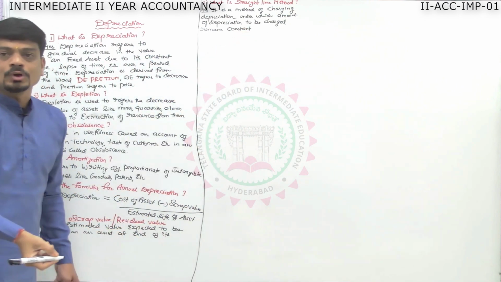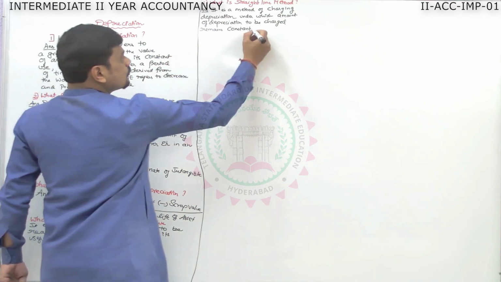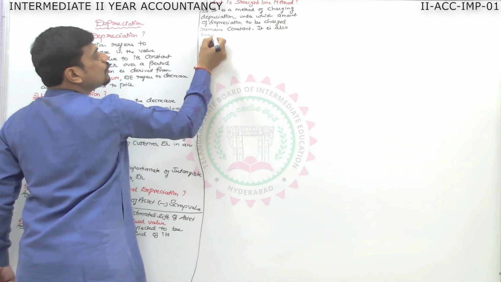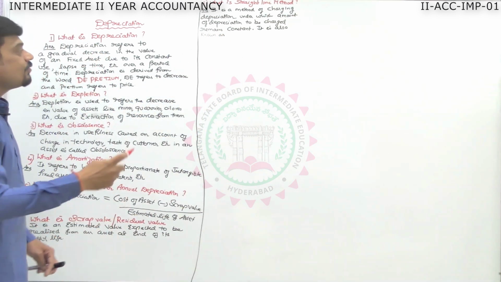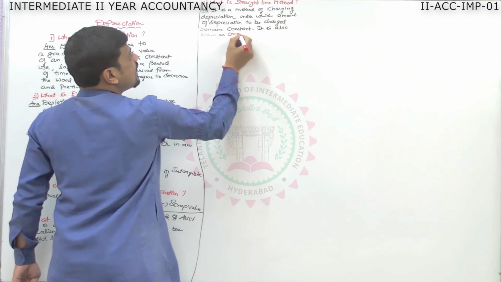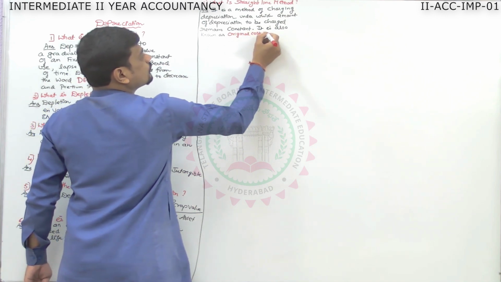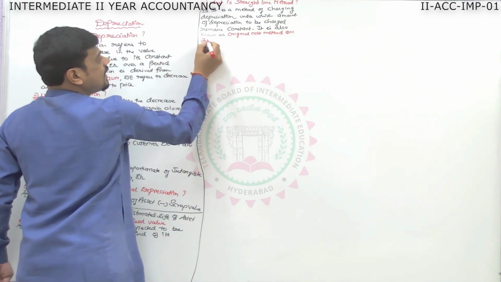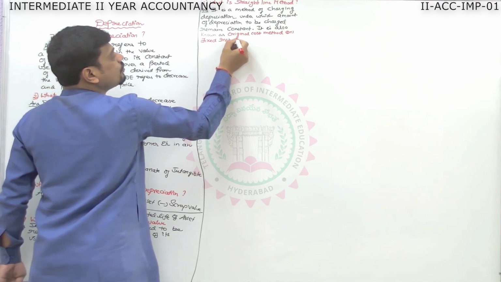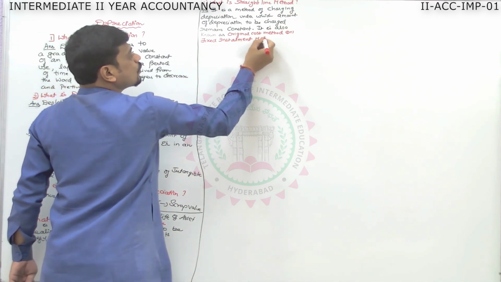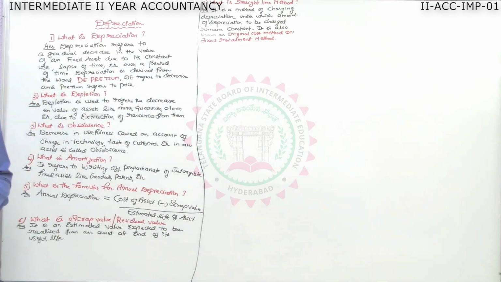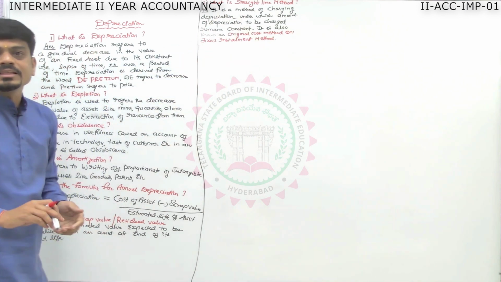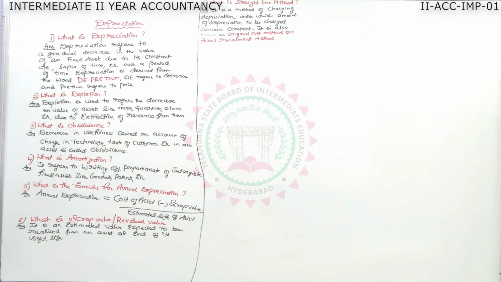You can write fixed also, that is okay. Then you can write, it is also known as even original cost method, or even fixed installment method. So keep in mind, if the question is what is fixed installment method, the same answer, and you can write straight line method here. Like that, you have to change the technique of writing the answer.